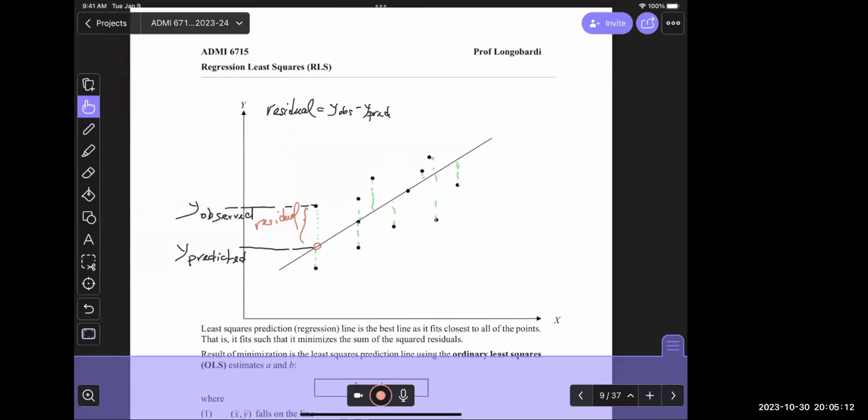So the residual above the line, because this is higher than the predicted all the time, the residuals above the line will all be positive, and the residuals below the line will be negative.